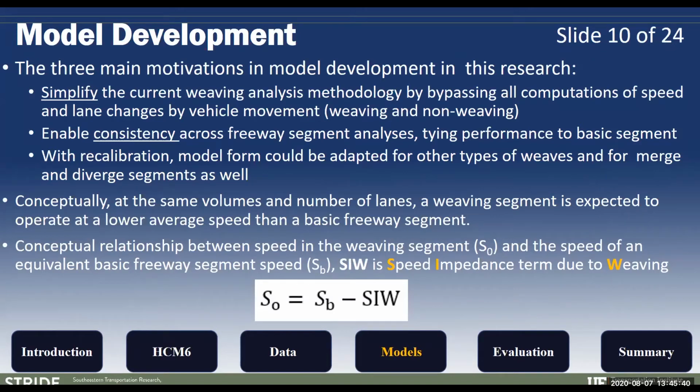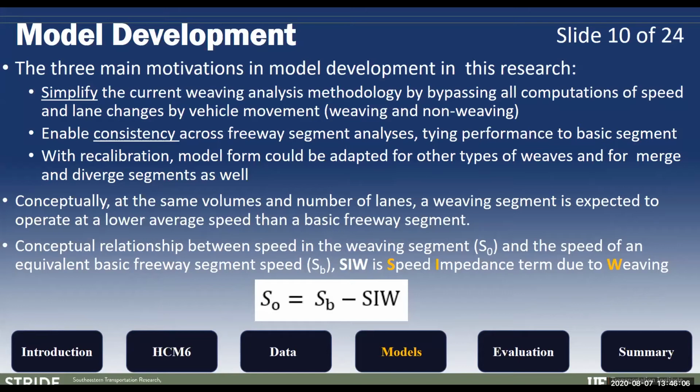So by trying to simplify the analysis, we go directly to the jugular, if you will. We go directly to estimating the average speed on the segment, which is essentially one step before you estimate the density. Based on that, our approach enables consistency across all the analysis.